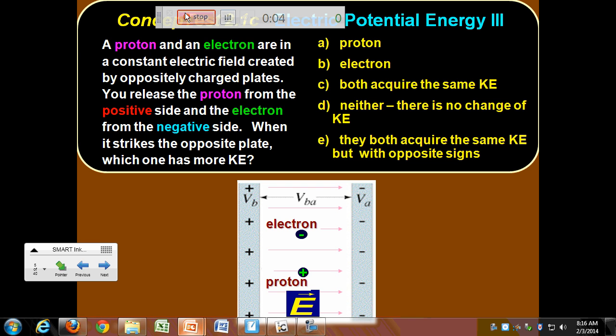After they move through this potential, which has the larger energy?